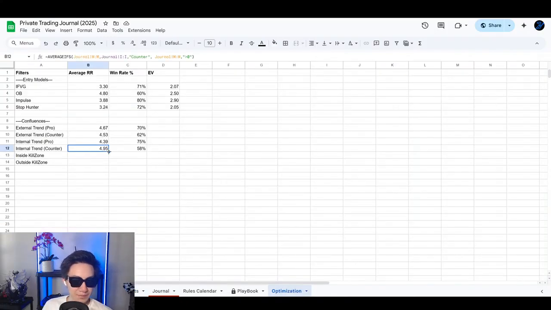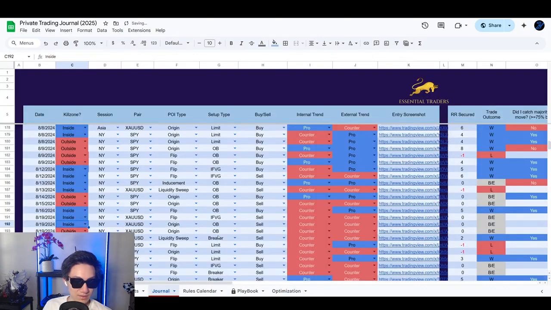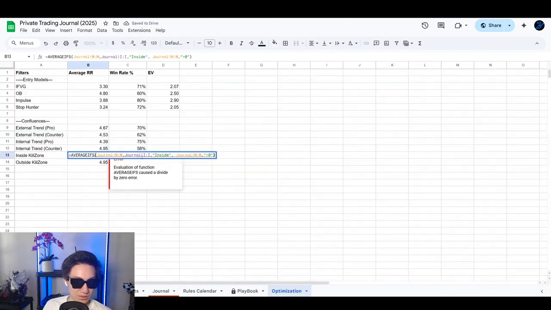So it's the same deal here. We have to just change this to inside because that's what it says. And then this is the risk reward. We don't change that ever. We change it from I to C because that's what it's referencing here.